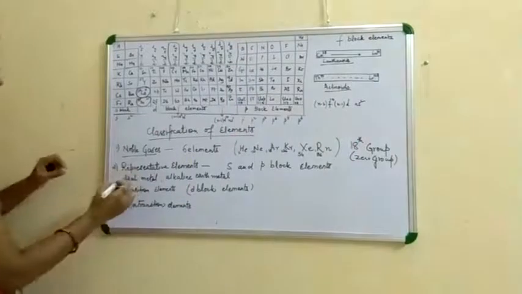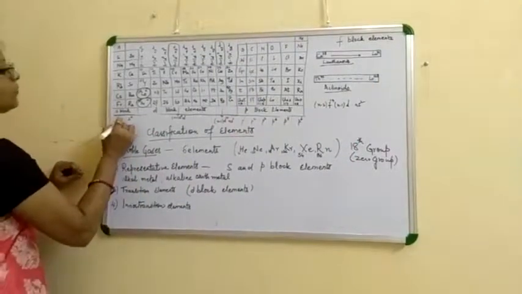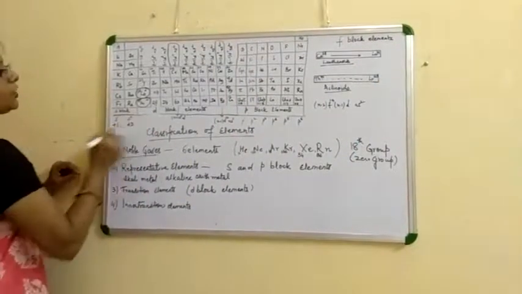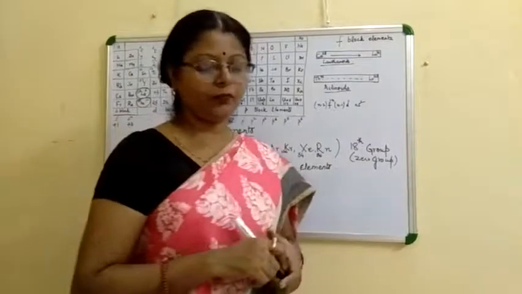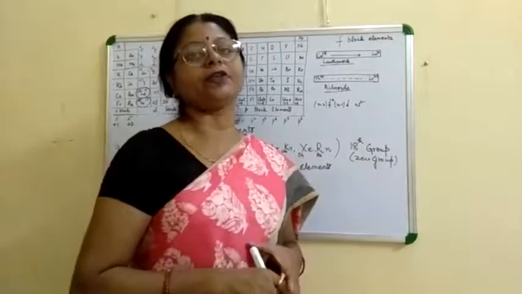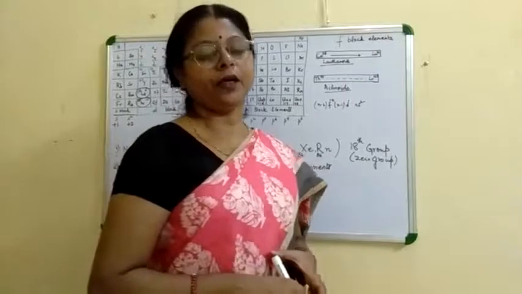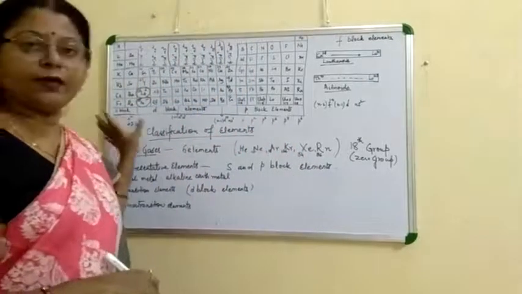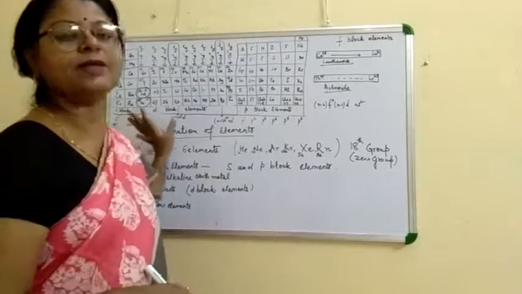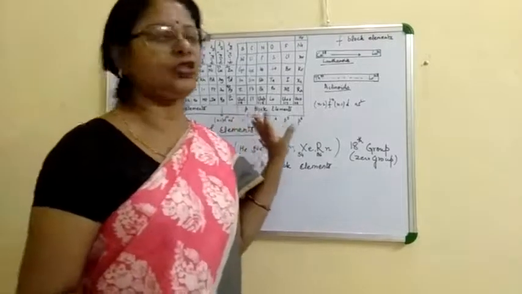So alkali metals show the valency +1 and alkaline earth metals show the valency +2, and they act as strong reducing agents. Now these first group and second group elements are metallic in nature.